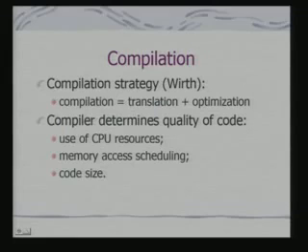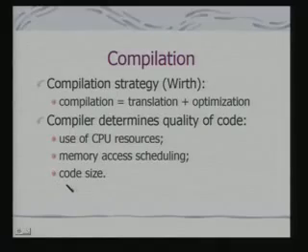The memory required will be less, and obviously I can have the code put into a smaller sized memory in the embedded system. So therefore, the compiler becomes a key resource for designing efficient software for embedded systems.